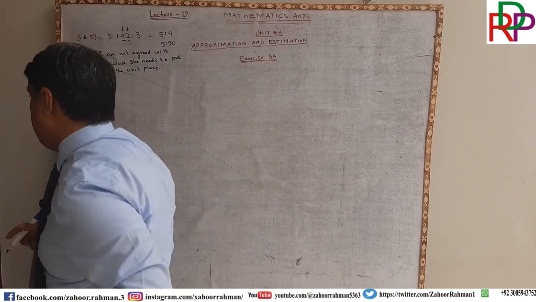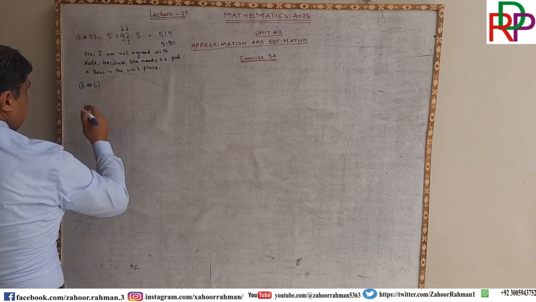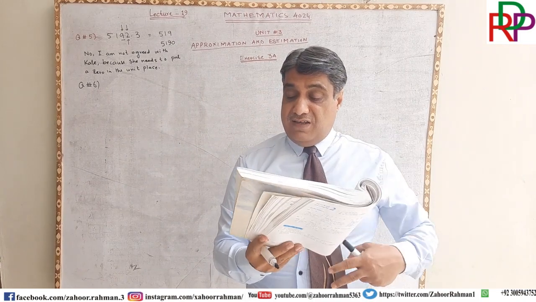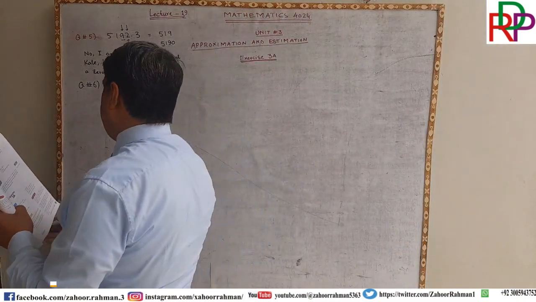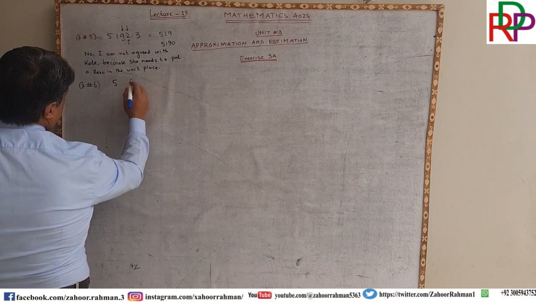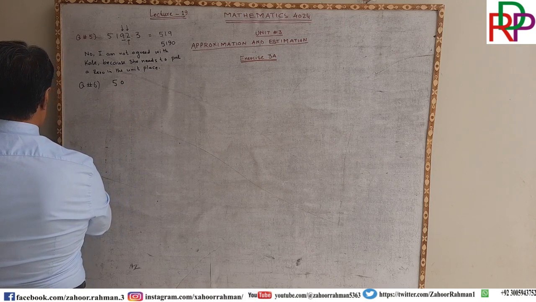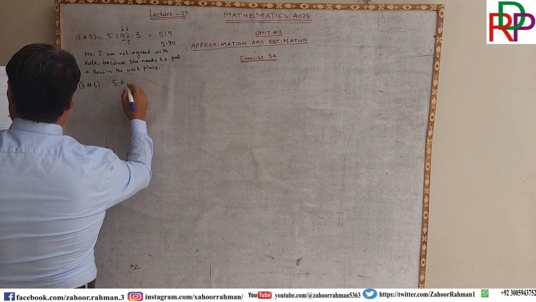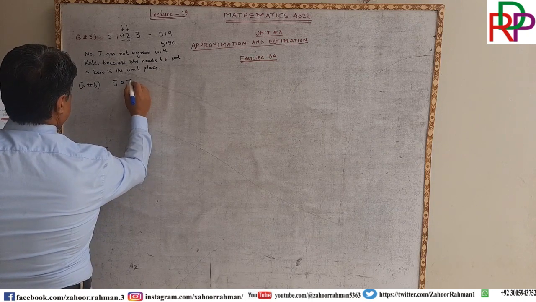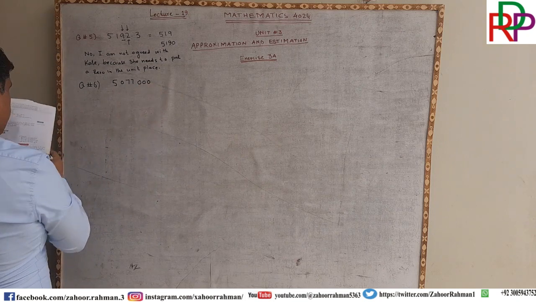Okay, the next question, number 6. Question number 6 is also an advanced level question. Singapore population was 5,077,000 in 2010.